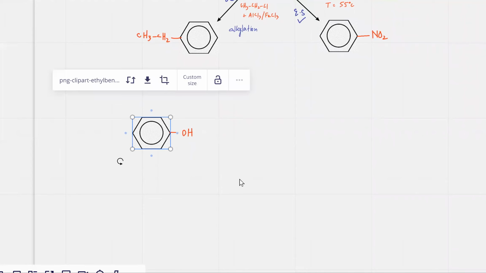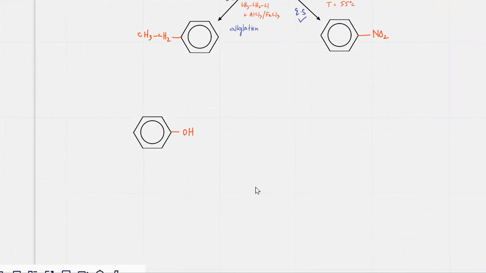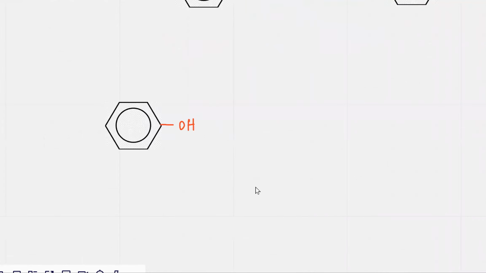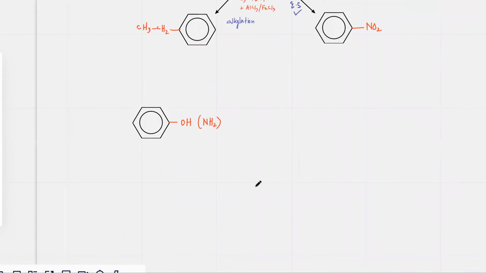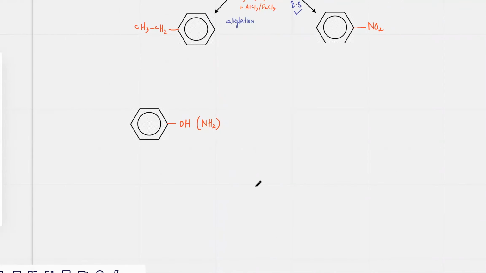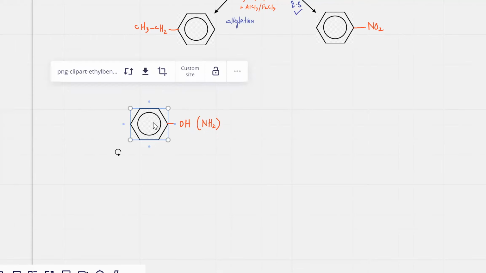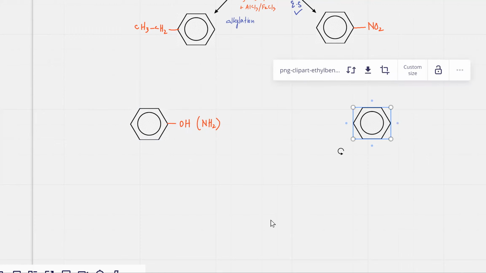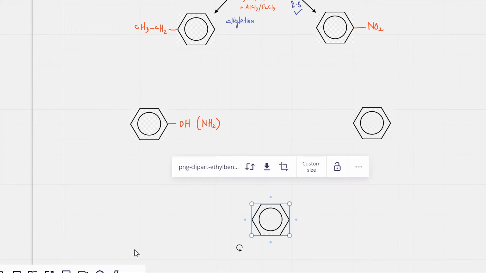All of them would be much, much faster. And for amines, it's exactly the same. So it's either phenol or phenylamine. Same thing. You'll have a much faster reaction. So 3 electrophilic substitution reactions would happen.